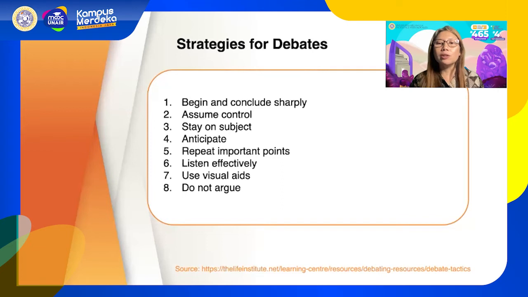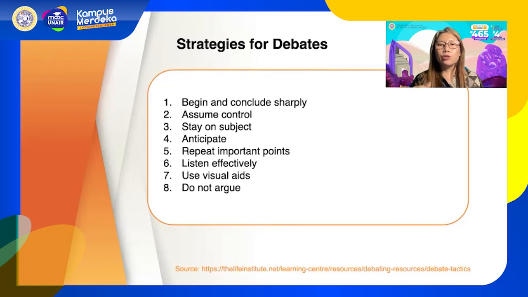And then you should also listen effectively, which means that you can extract the important points of what your friends, your audience or your debate partners are trying to say. And then it helps to use visual aids so that your audience can understand the important things you are explaining.